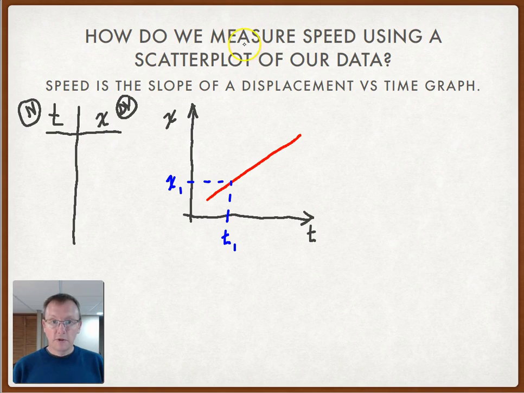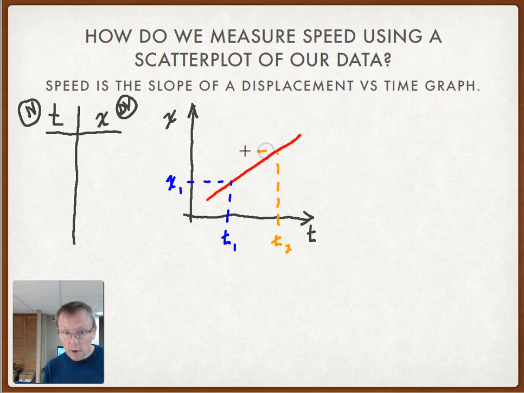Now at time 2, let's say right here, time 2, we can see that the object is now at x2. And so I will try to draw that across here, like so. Okay.